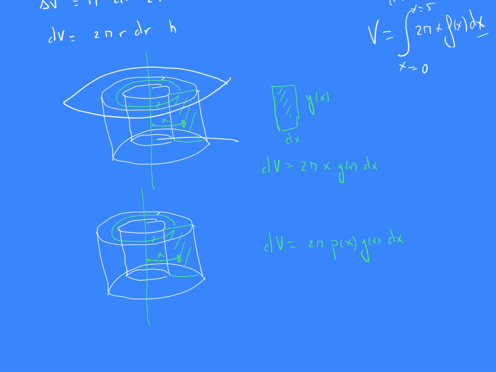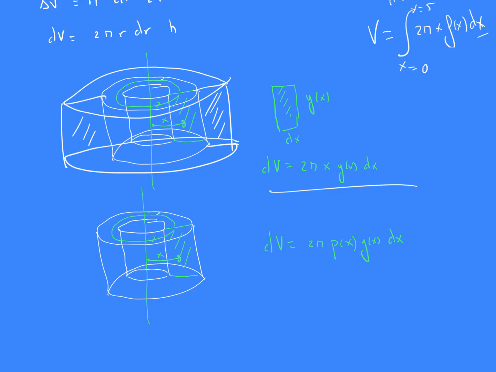And what we are going to do is sum all the volumes that every door generates. So the equation will be, as I said, this one: 2 pi x f of x dx.